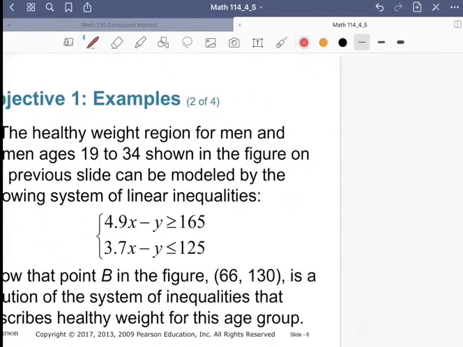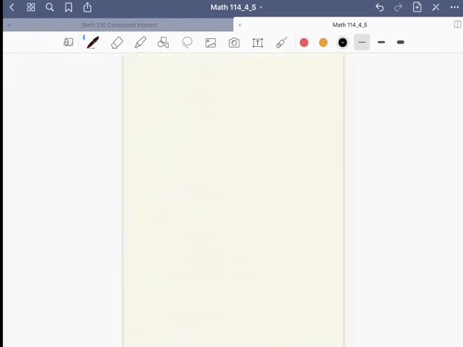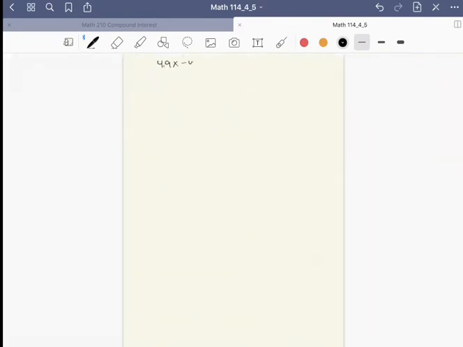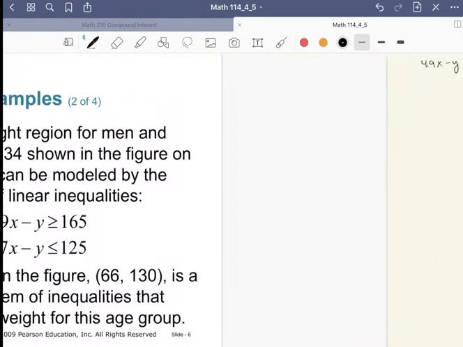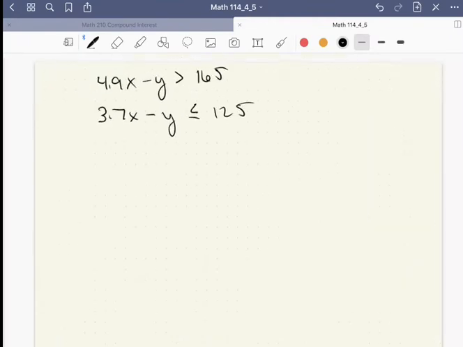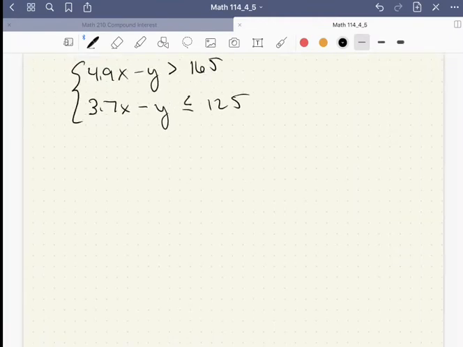Let's write the inequality system. We have 4.9x minus y, greater than or equal to 165. The other one was 3.7x minus y is less than or equal to 125.